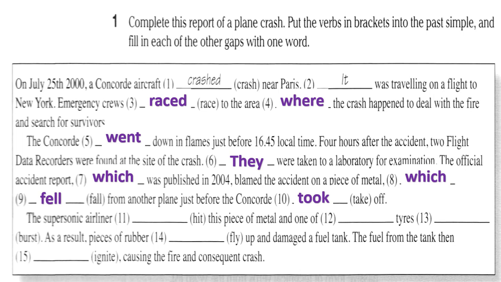The past of take is took. The past of hit is also hit. One of the tires or its tires, both are correct. Pursued. 14, flew. The past of fly is flew. Ignited, the last one.